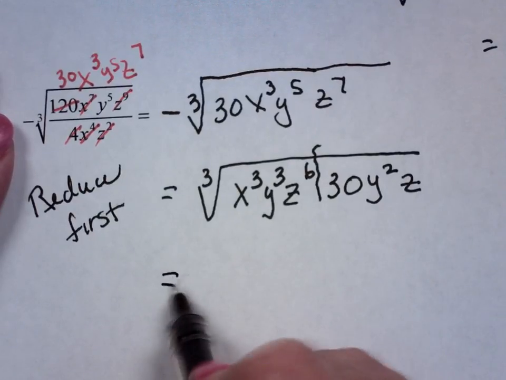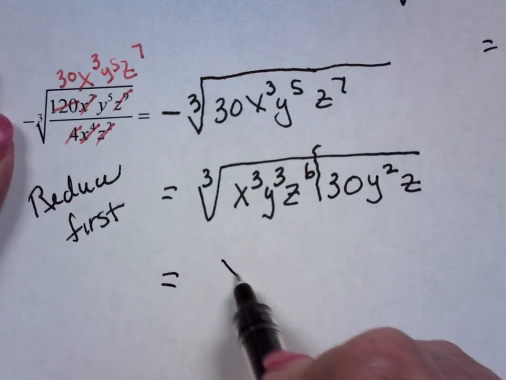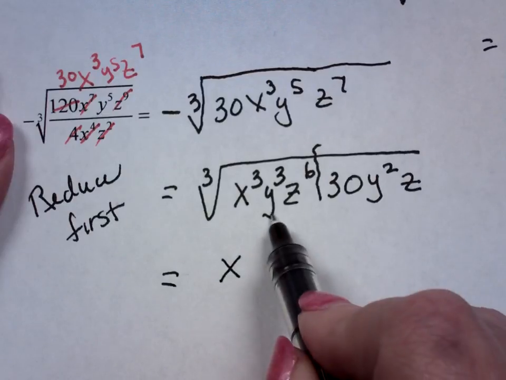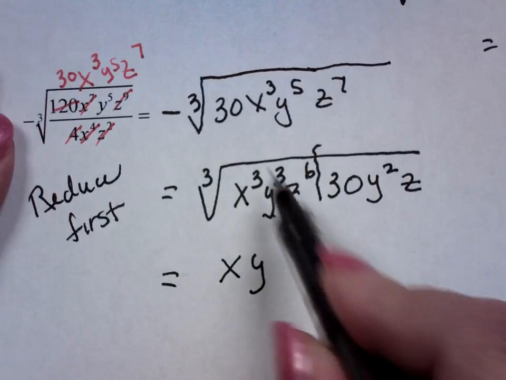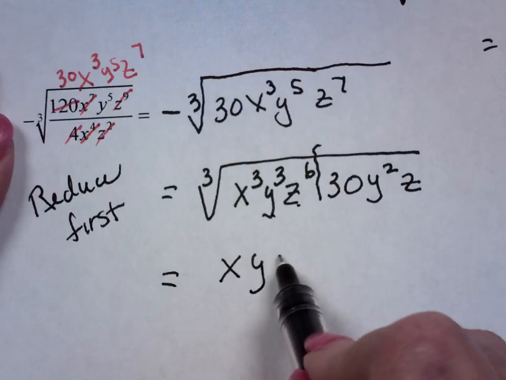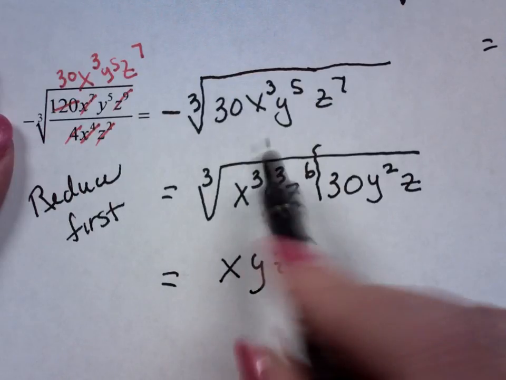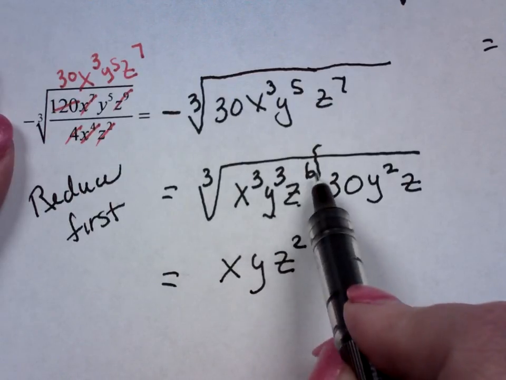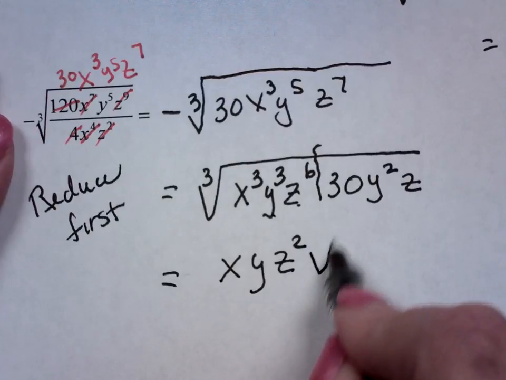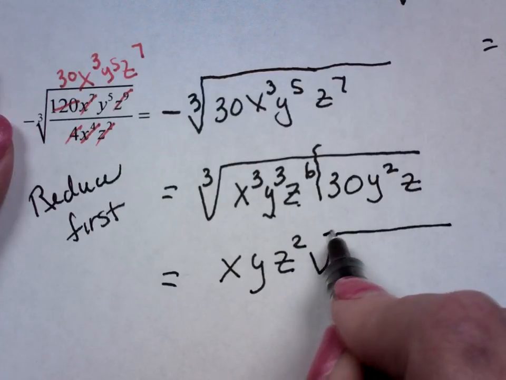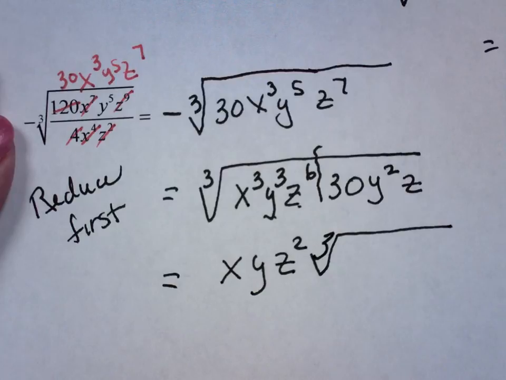So this then becomes the cube root of x cubed, that's x. Cube root of y cubed, that's y. Cube root of z to the 6th, that's z squared, because I'm dividing all the exponents by 3. I hit the bar, that sets up my cube root, and leftover.